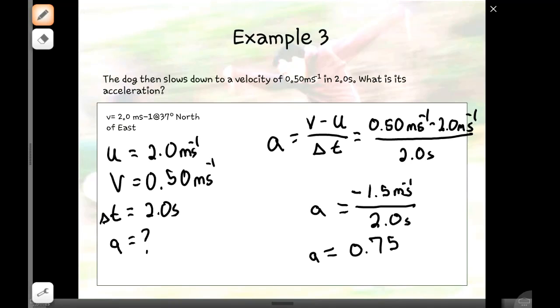There is a negative sign on top, and a negative divided by positive gives me a negative. And this is now going to have the units m s^-2. Okay, good. So I know my acceleration, or the magnitude of my acceleration, which is 0.75 meters per second squared. But now I need to figure out, well, in what direction. This negative sign means that this is the opposite of the direction that I have up here, which is 37 degrees north of east.